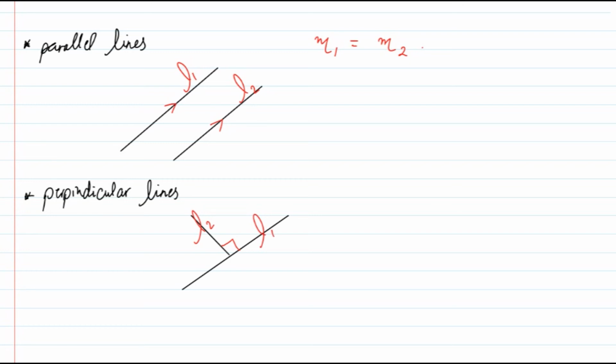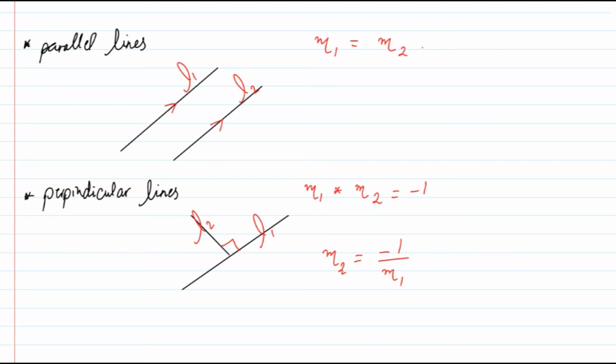So if we take the gradient of line 1 and multiply it by the gradient of line 2, we get a value of -1. So the gradient of a perpendicular line is equal to -1 over m1. We flip that value and we change its sign.